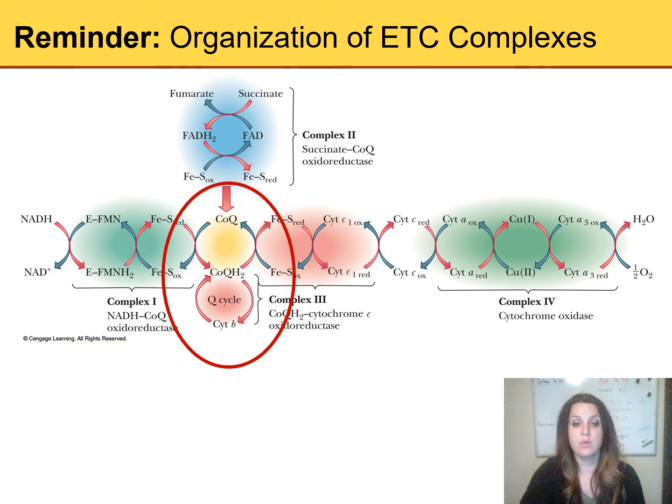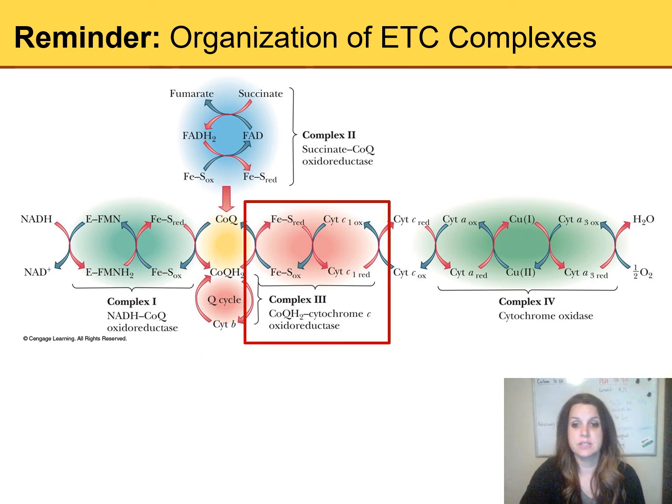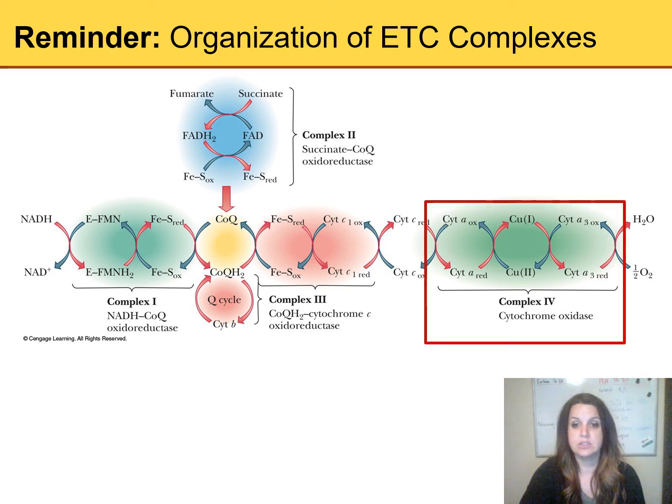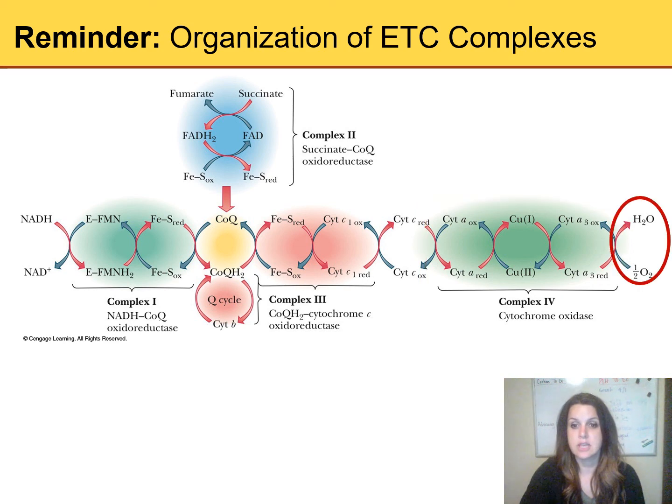Both of these are going to donate electrons to coenzyme Q, and coenzyme Q is then going to donate its electrons to complex 3. From there, they're passed on to cytochrome C, and then cytochrome C donates its electrons to complex 4. Ultimately, complex 4 donates electrons and reduces oxygen and makes water.